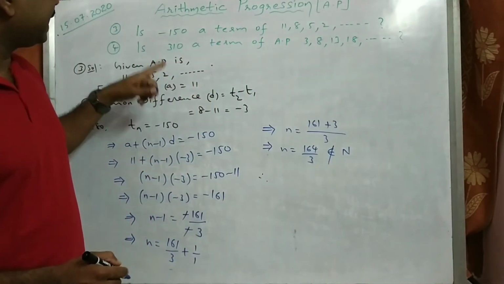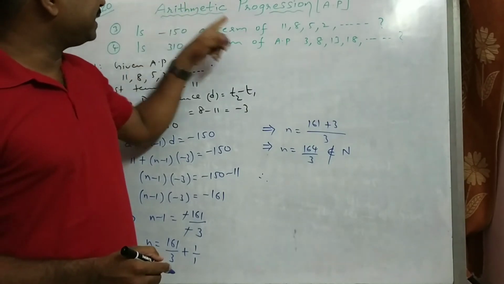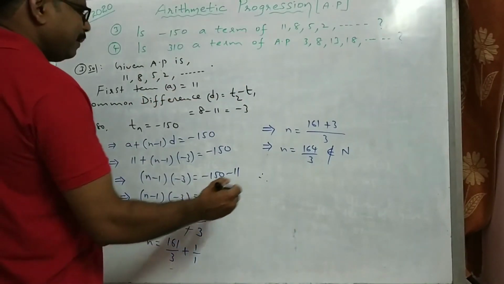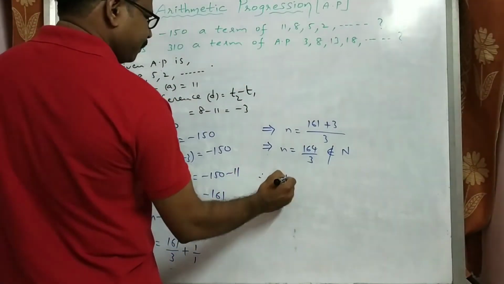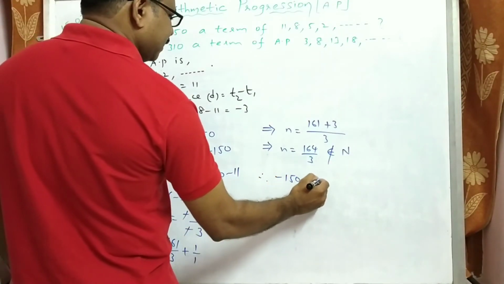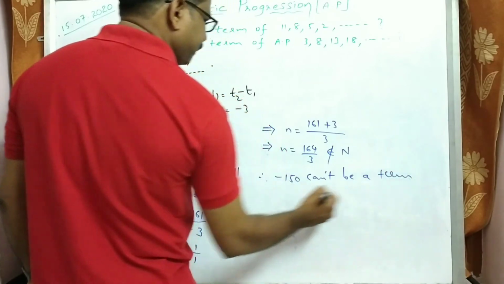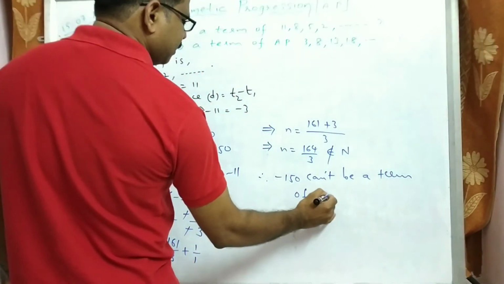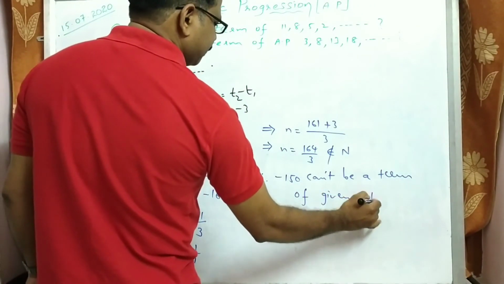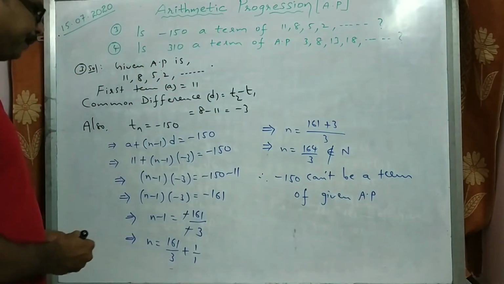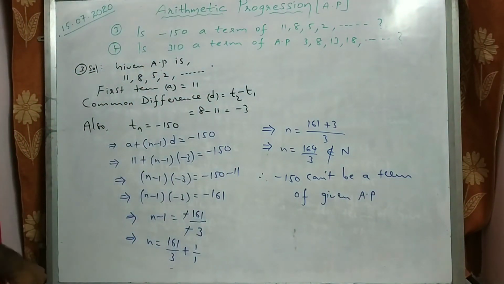So we will never get minus 150 as a term of the given AP. Therefore, minus 150 cannot be a term of the given AP. Clear?